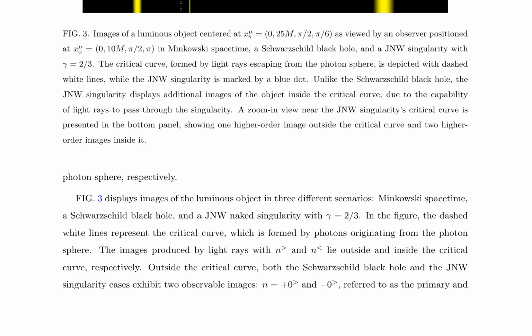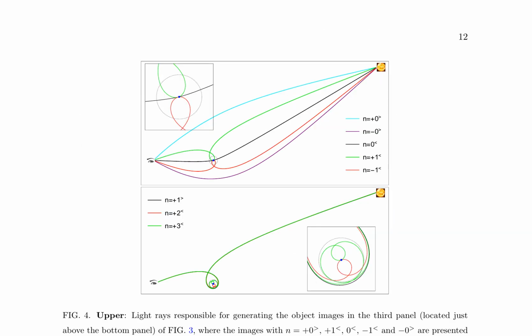The bottom panel provides a zoom-in view near the JNW singularity's critical curve, showing one higher-order image outside and two higher-order images inside the critical curve. The imaging properties of Schwarzschild black holes and JNW naked singularities are discussed, highlighting differences in image formation due to the presence or absence of an event horizon.